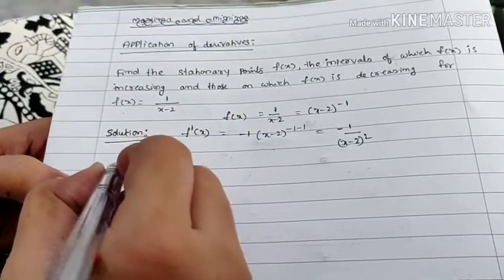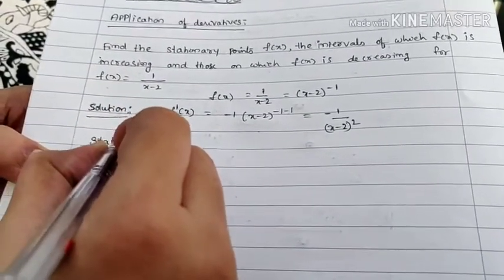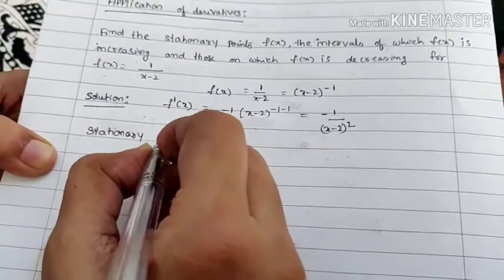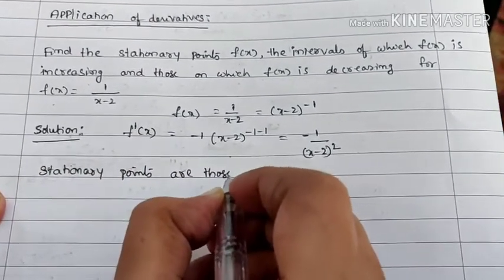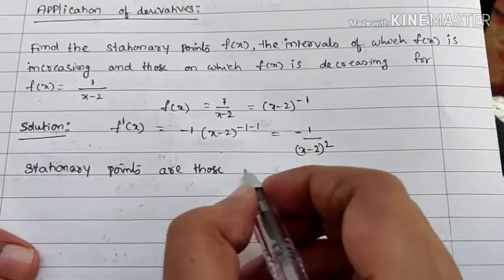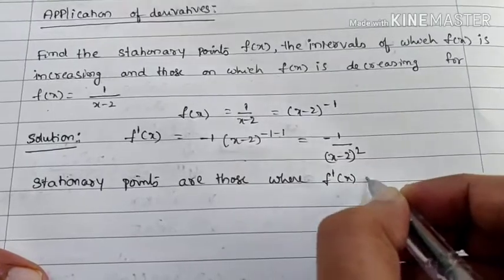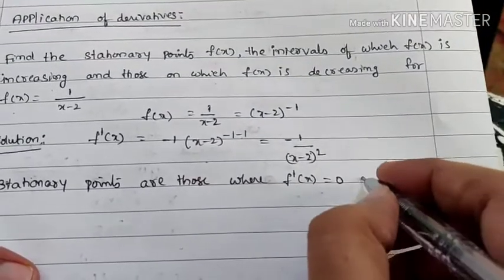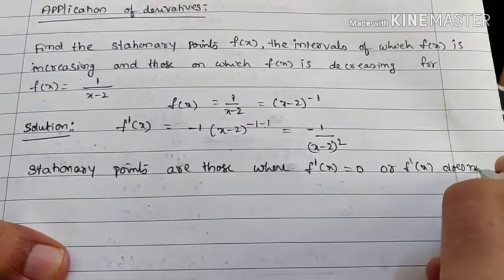Now we have to find the stationary points. What are stationary points? Definition: stationary points are those where f dash of x equal to 0 or f dash of x does not exist.